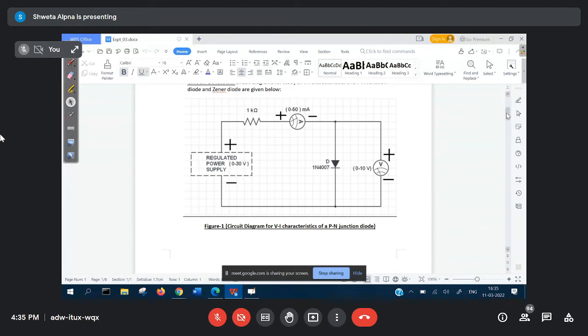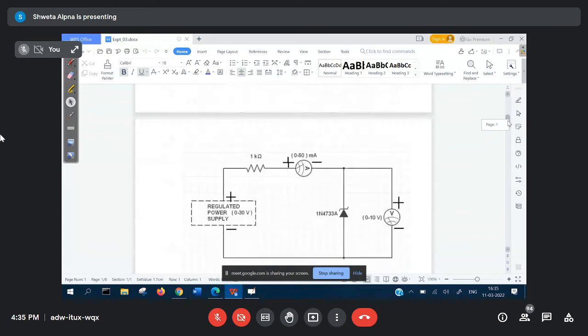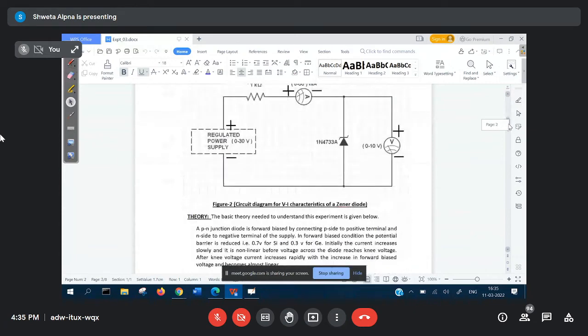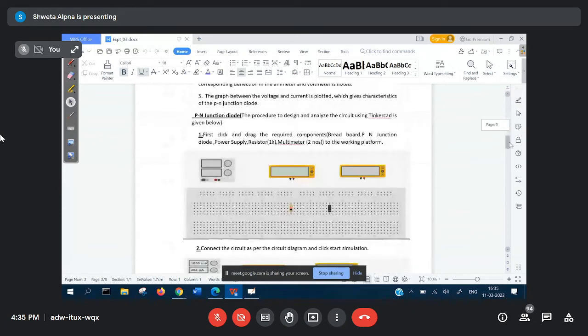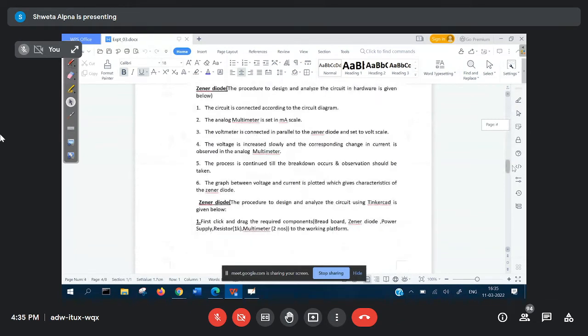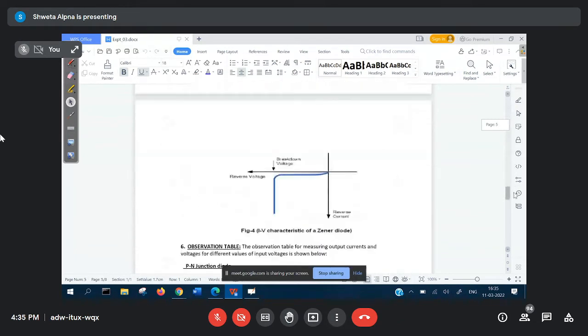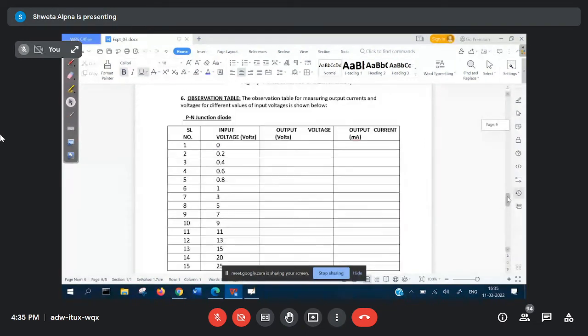In a similar way, measure the voltage across the voltmeter and the current across the ammeter for the Zener diode. Take the readings and plot a graph, and you will get a graph something like this. Measure the breakdown voltage, after which the current is rising sharply. This is all you have to do in today's experiment. This is the observation table, all given to you.